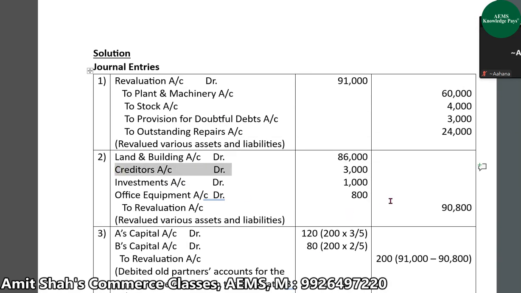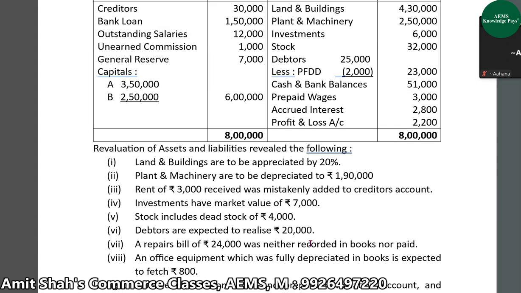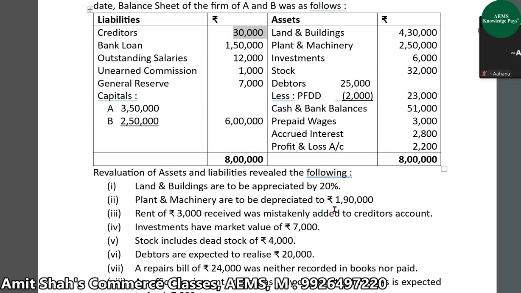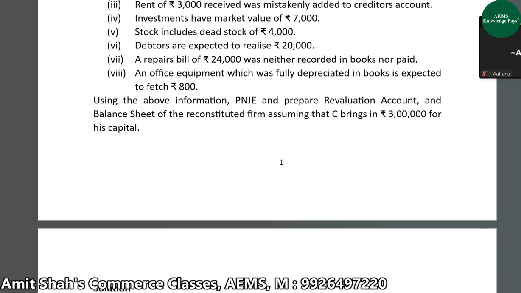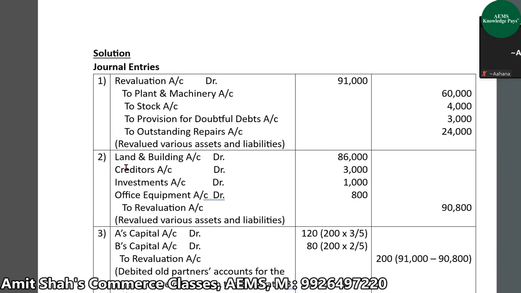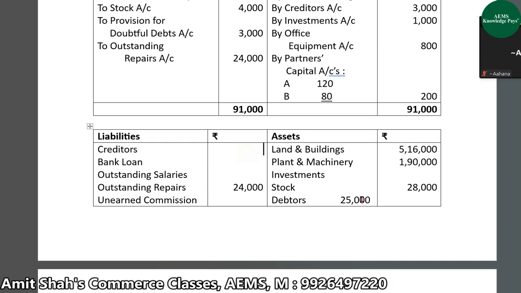We have debited creditors, meaning we have decreased creditors by 3,000. Earlier creditors had a book value of 30,000, but now since we have debited it, because creditors have a credit balance of 30,000, we decrease creditors by 3,000. So now creditors will reflect at rupees 27,000. 30 minus 3, 27,000.